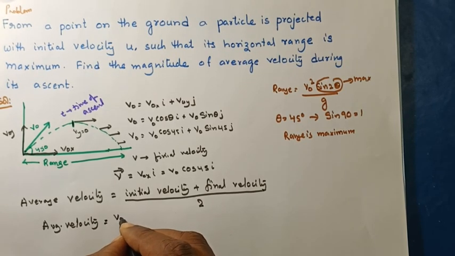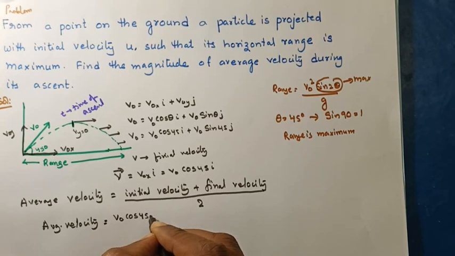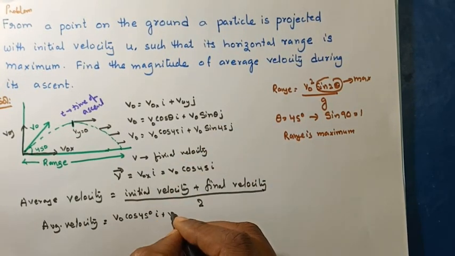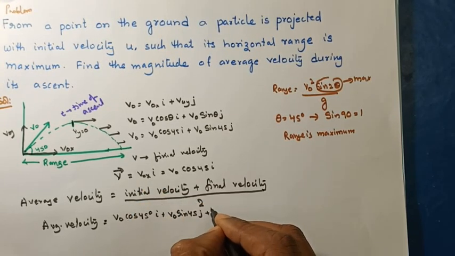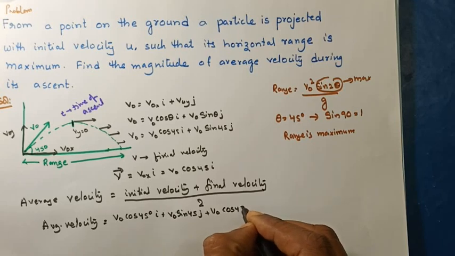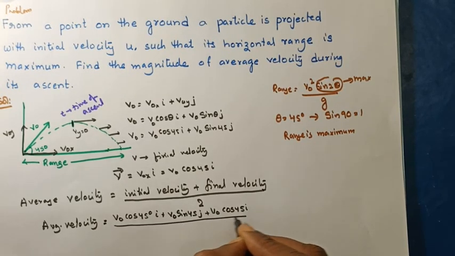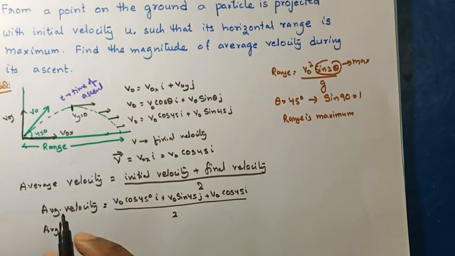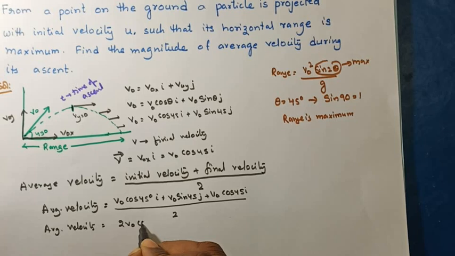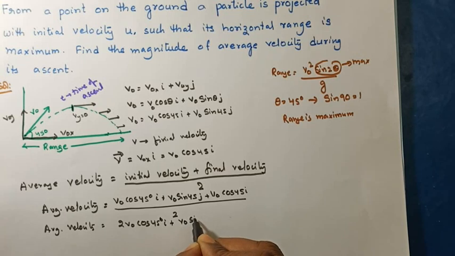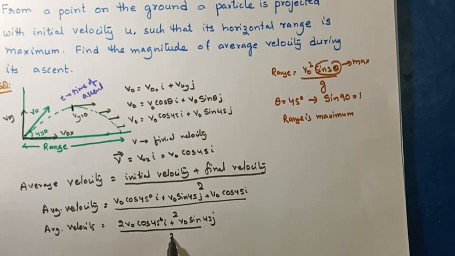So V naught cos 45 i plus V naught sin 45 j, plus V naught cos 45 i, all by 2. So average velocity is 2 V naught cos 45 i plus V naught sin 45 j, by 2, right?